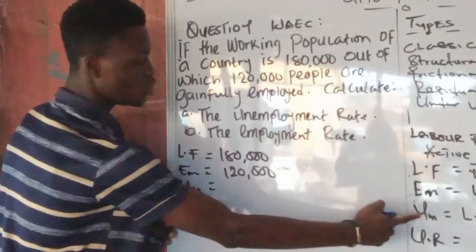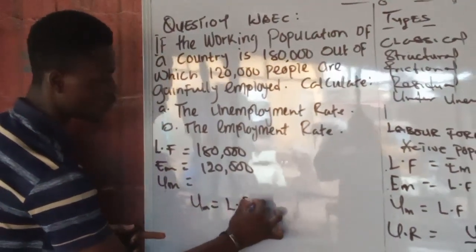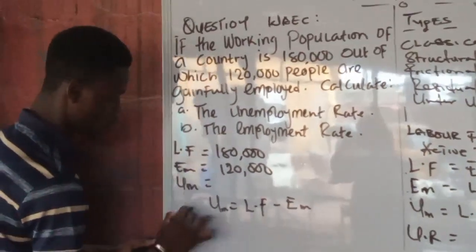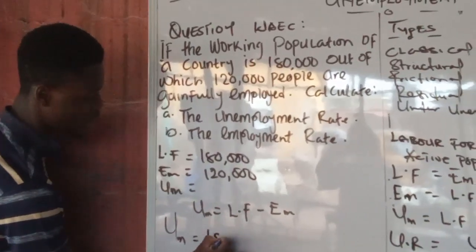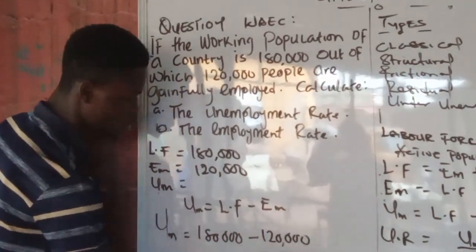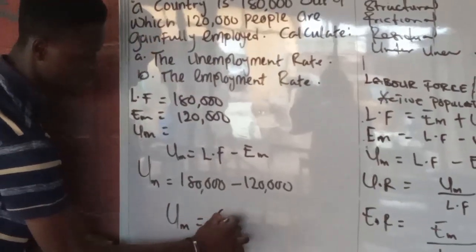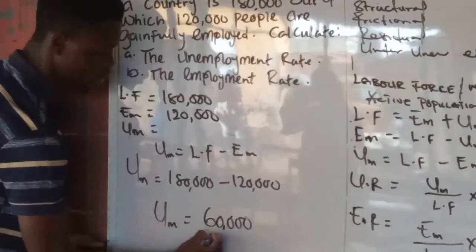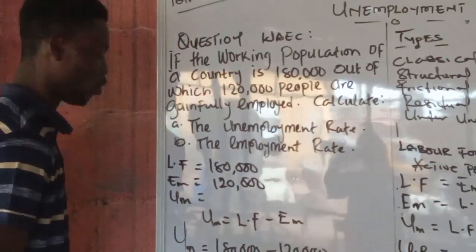So we are not given unemployed. How do you get that? You go with this formula. Unemployed equals labor force minus employed. Unemployed equals what? 180,000 minus 120,000. So unemployed, we have 60,000. 60,000 people are unemployed.